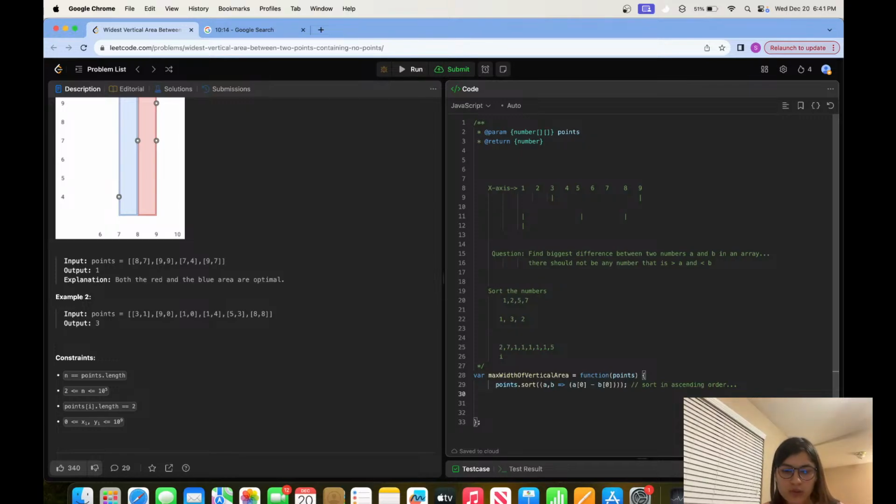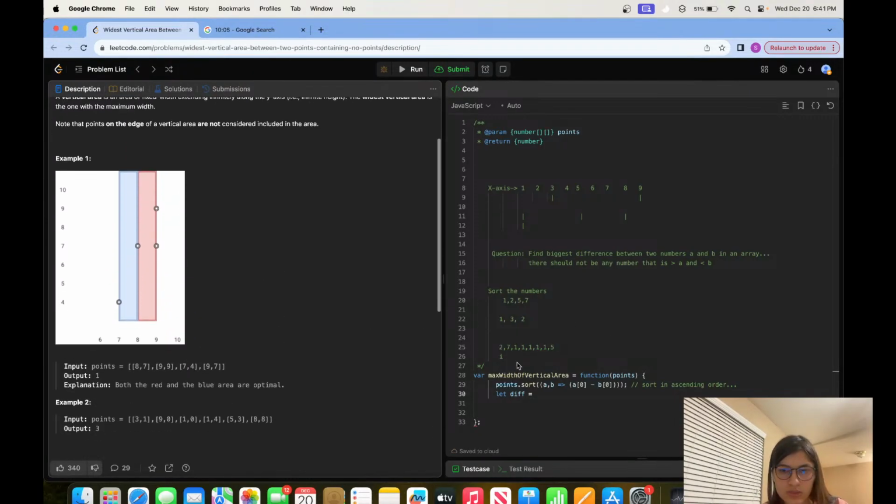After I sort, I need to find the difference, so the width.